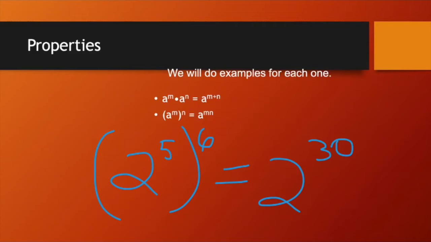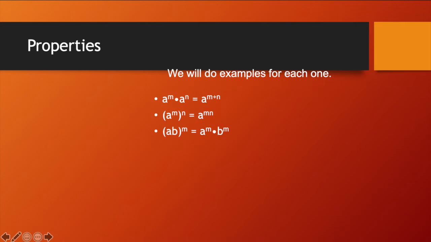So far, so good. Now I can go backwards on this. If I have 2 things in the parentheses with one exponent, I can give that exponent to everything being multiplied. I want you to notice it is being multiplied. It does not apply if there was an addition, a plus b. You do not give the exponent for addition or subtraction, only for multiplication, and we're going to do one for division.